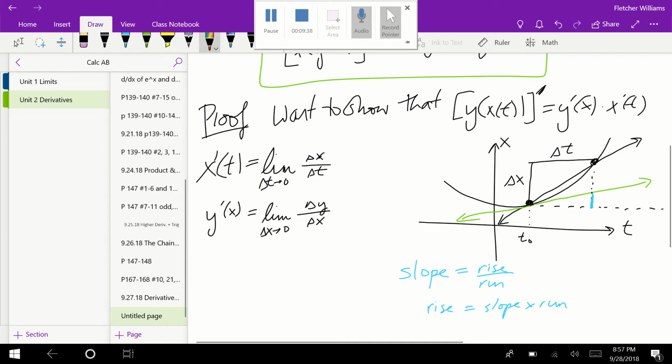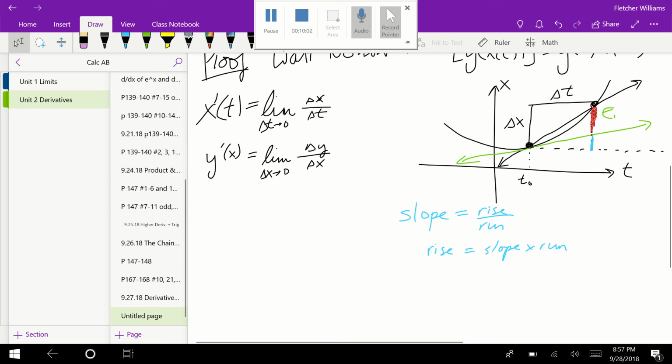I can take another color and color in the rest of this distance up here, and I'll just call this epsilon 1. All of this is to say I'm just trying to find a way to rewrite delta x in terms of other variables.